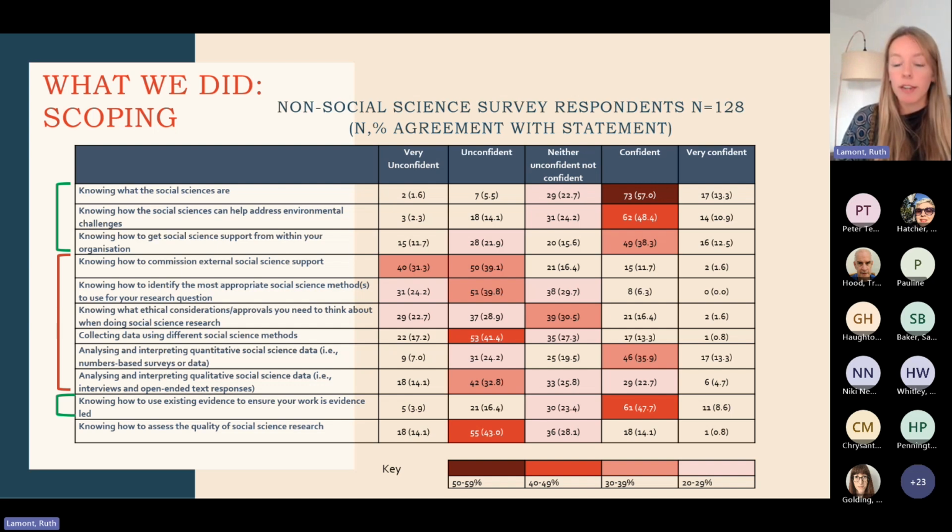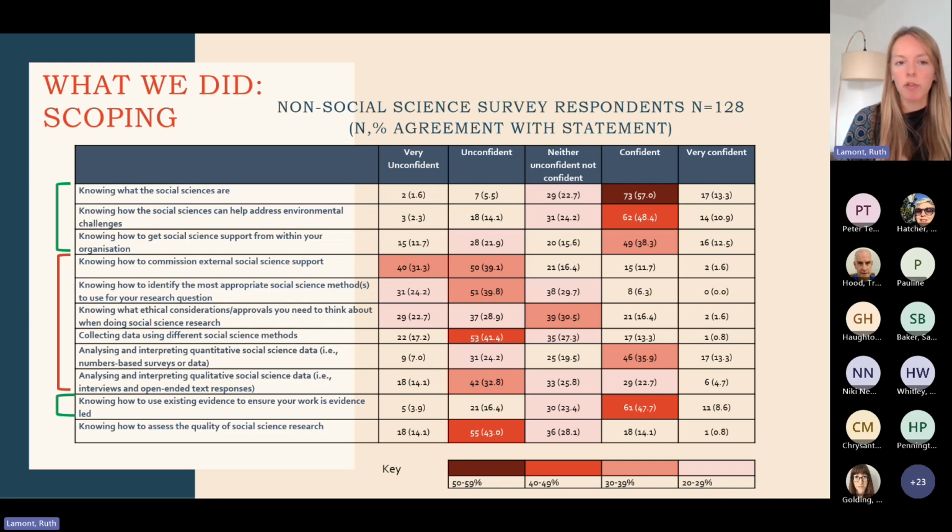The numbers underneath represent the number of people that gave that answer, with a percentage in brackets. The darker the red gets, the more people responded in that choice. And we can see a general trend of these individuals saying that they know about the social sciences, they know how to get support internally, they know how to use existing evidence to inform their current work.